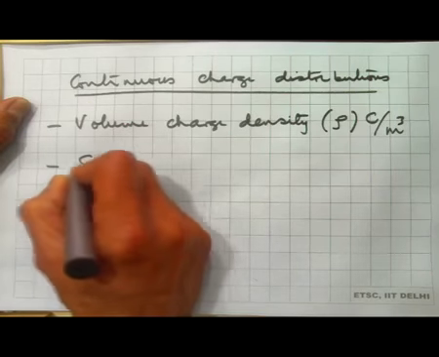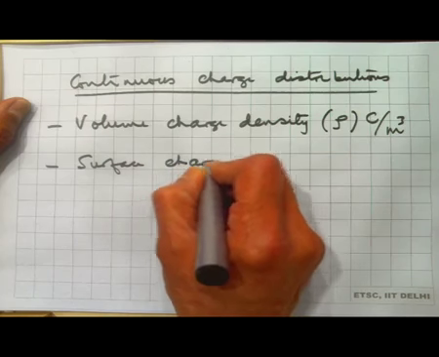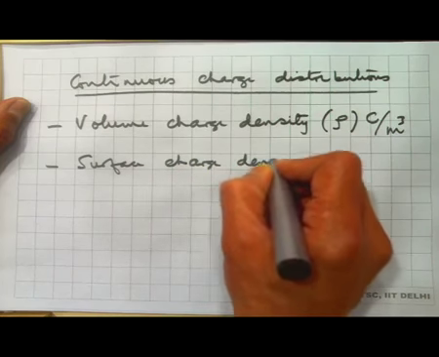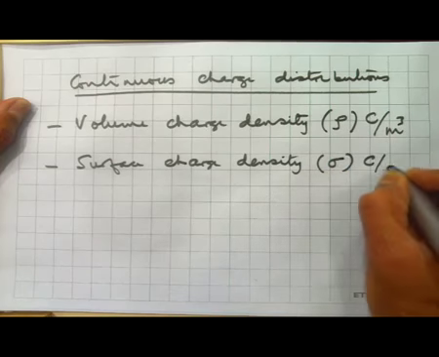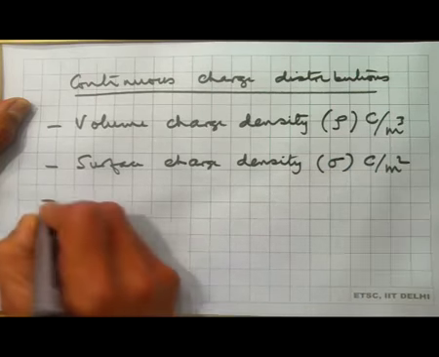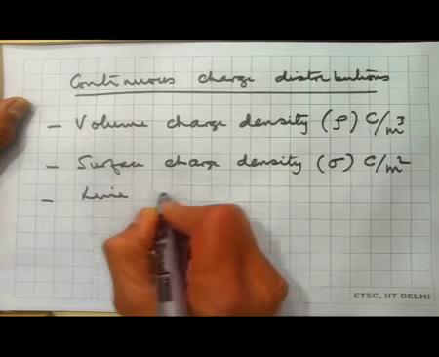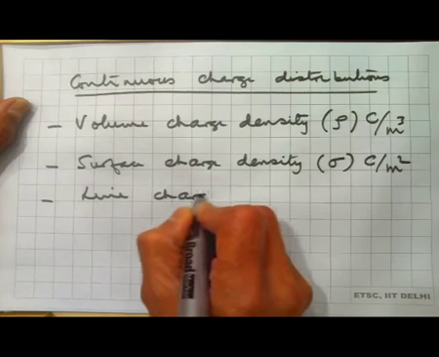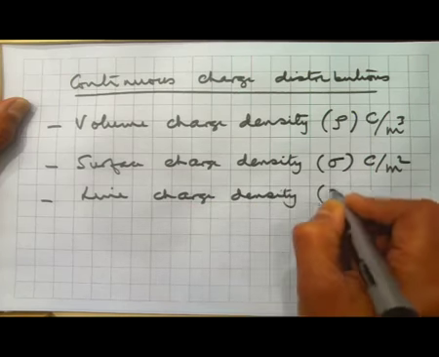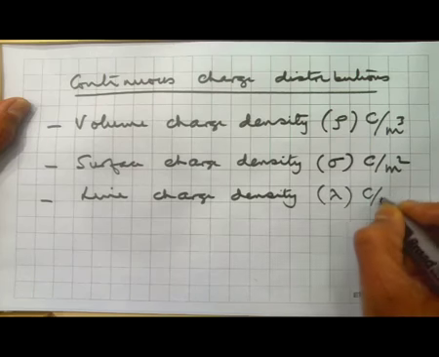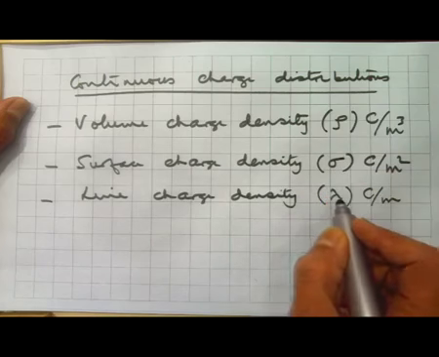Then you have surface charge density, usually written as sigma, coulombs per meter square, and then you have line charge density, usually written as lambda, coulomb per meter. This is rho, sigma and lambda.